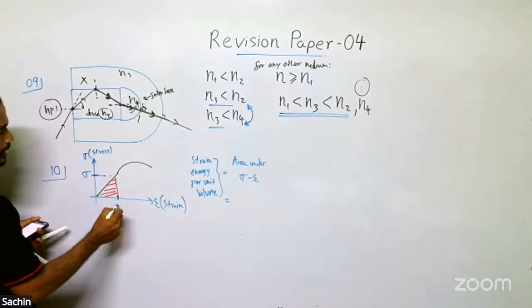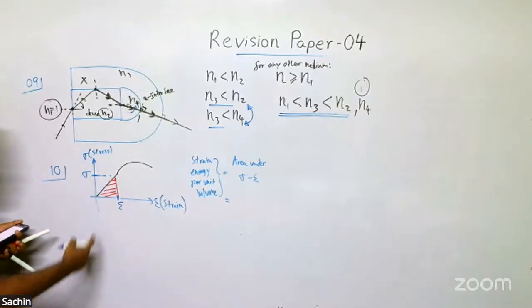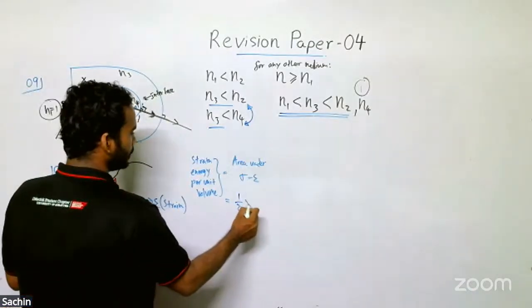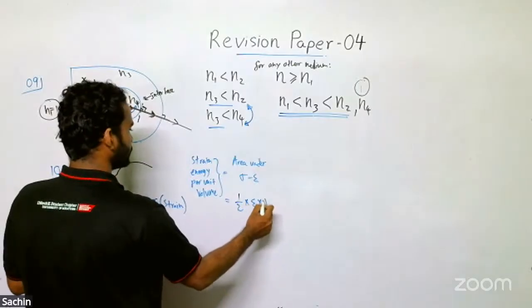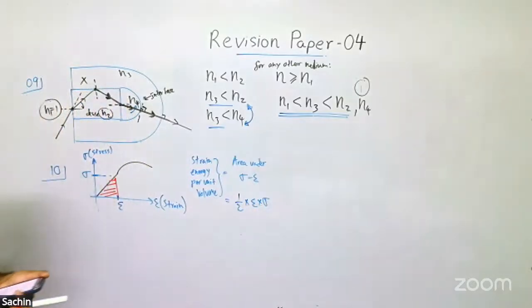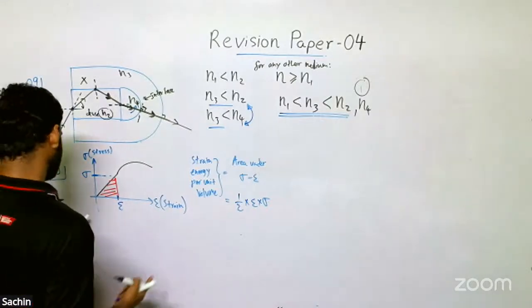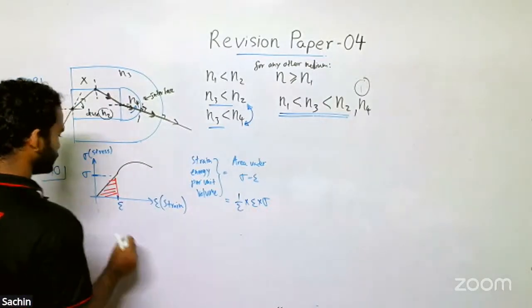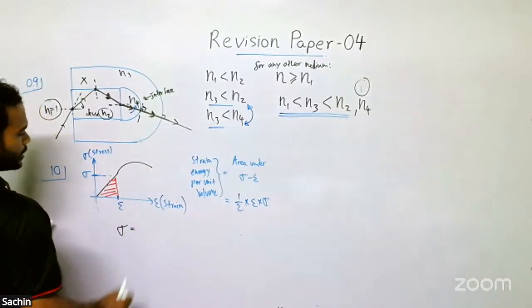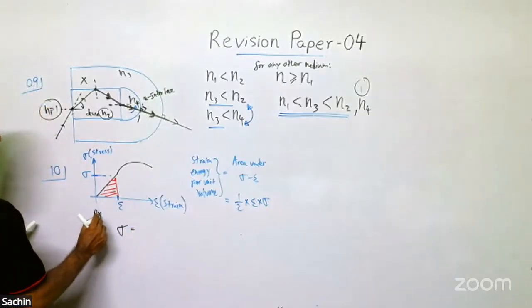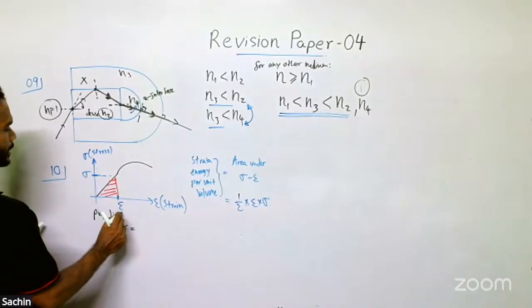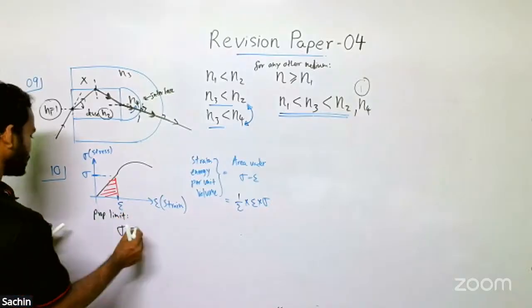If you try to calculate the area, if the stress is sigma and the strain is epsilon, then you can evaluate this area as half into base, that is epsilon, into the perpendicular height, which is sigma. We don't know the sigma value actually; only the strain is given. So how do we calculate sigma? Within the proportional limit, you can apply Hooke's law, because the Young's modulus is given.